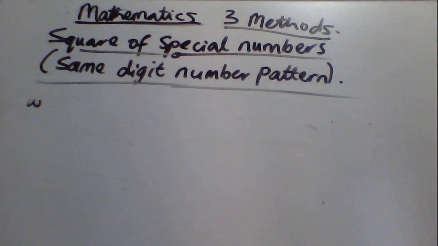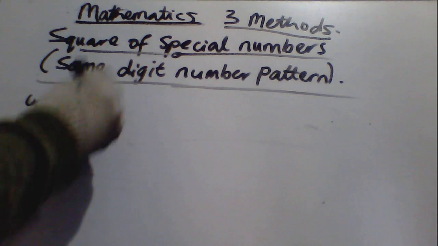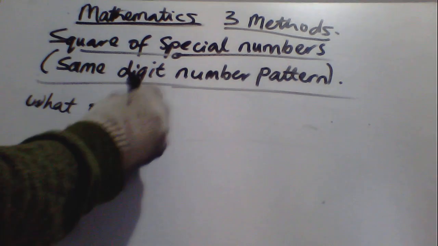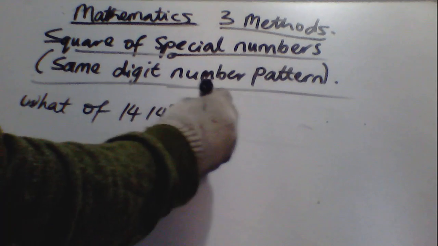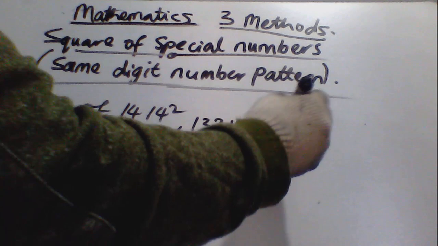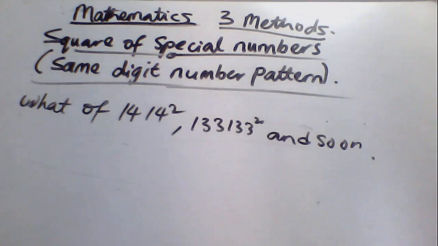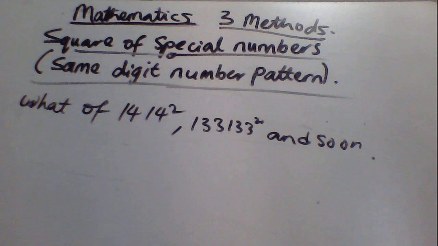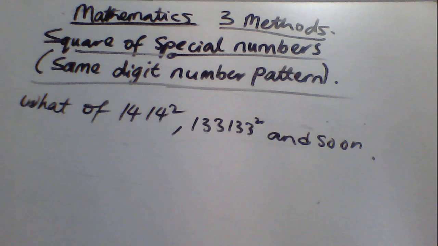What of 14 squared, this kind of number, 133 squared, and so on. These are the same digits repeating: 14, 133. So how do you solve this problem?